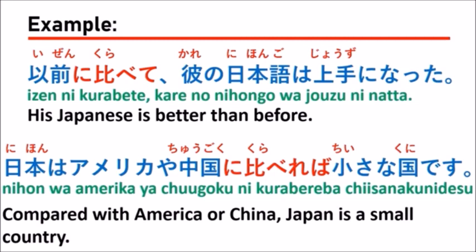You will see that for the first sentence they just use に比べて. It means you just compare with, compare to, no "if." 以前に比べて means compared with before, from the time you say this sentence back to some earlier time. 以前に比べて彼の日本語は上手になった.